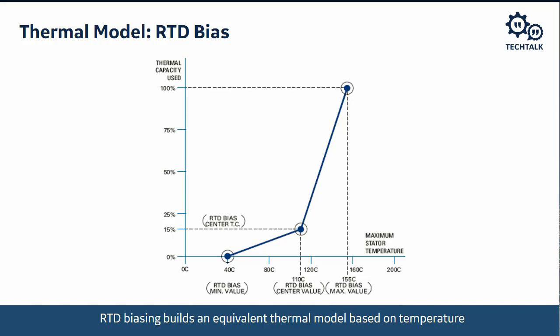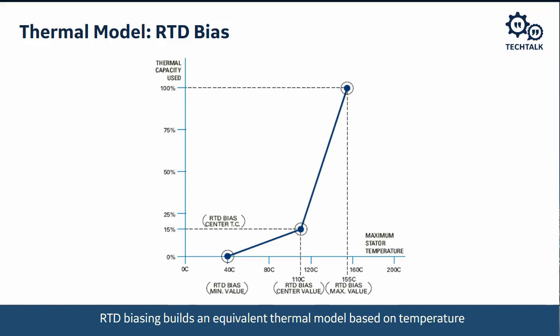The maximum value should be the insulation rating of the motor. Again, the insulation class should be stamped onto the motor, and we should be able to take that insulation class and determine the temperature rating of that insulation.